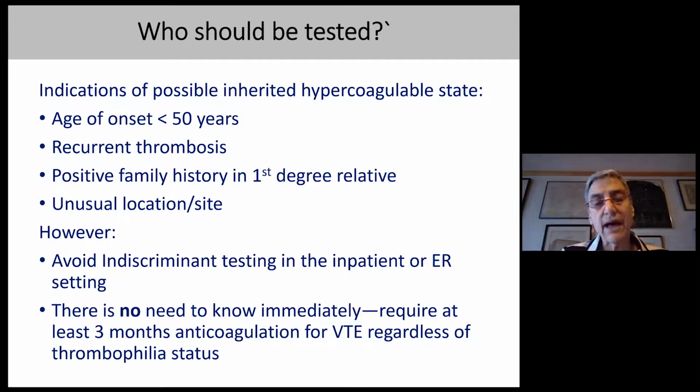However, it is not recommended to test everybody who comes in, especially in the ER with a clot. And there's really no rush to diagnose one of these syndromes, because everybody who has a clot needs at least 3 months of anticoagulation, regardless of their thrombophilic status.